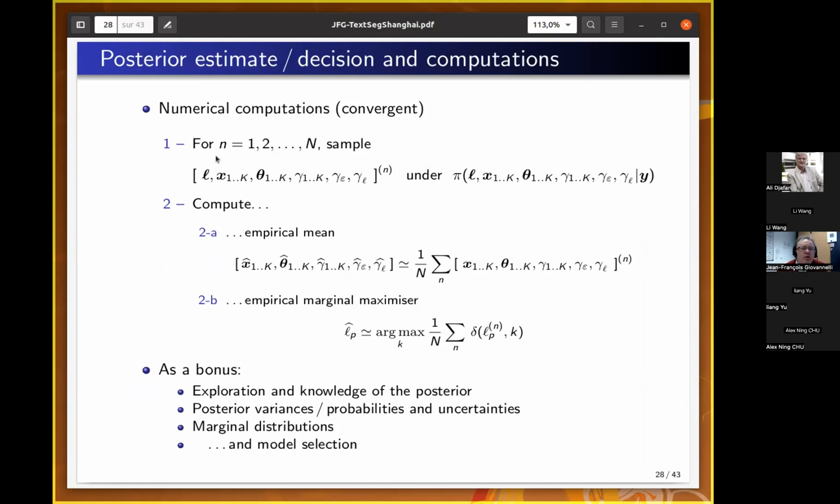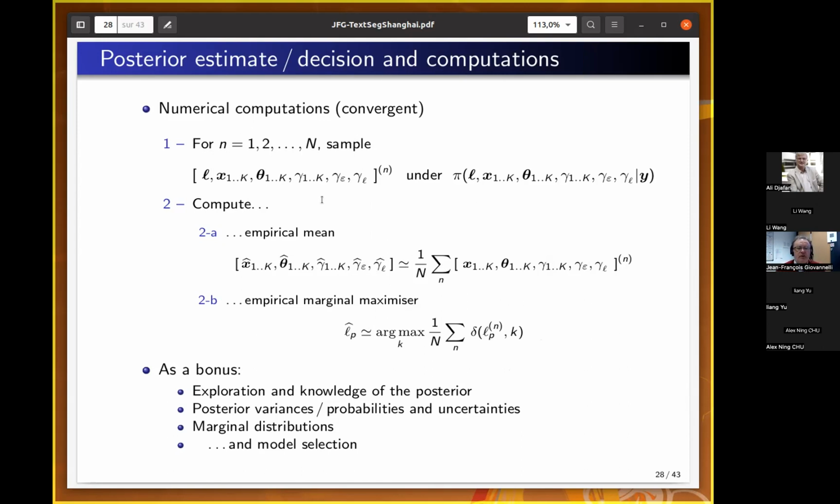Practically, we are interested in producing a large number of samples of all the unknowns under the posterior, and then computing the empirical mean to approximate the posterior expectation, that is the minimum mean square error, the optimal estimate, and computing the empirical marginal maximizer, that is in fact the idea of building marginal histograms and selecting the most probable value for the labels to produce the segmentation.